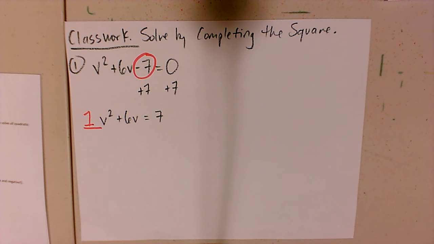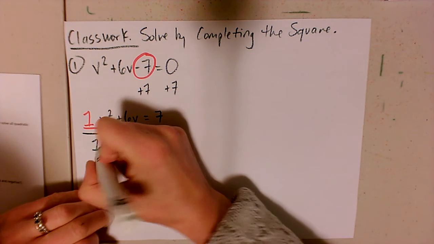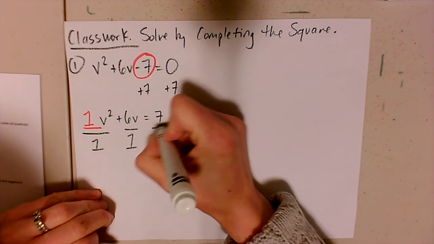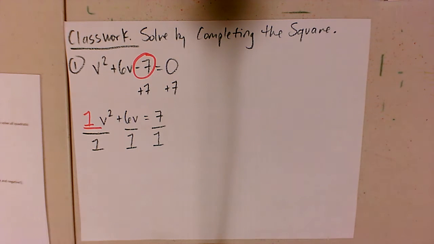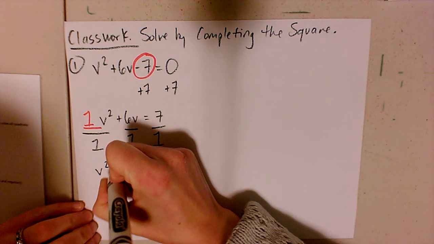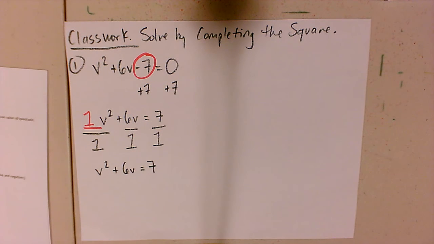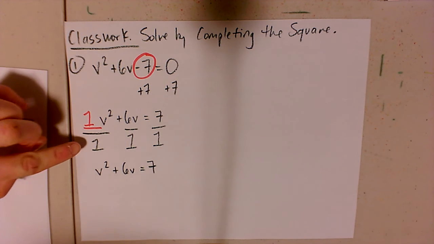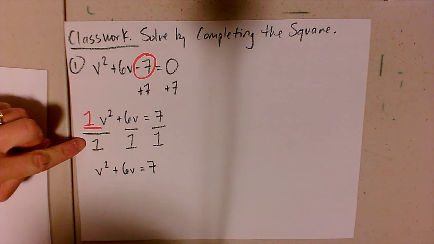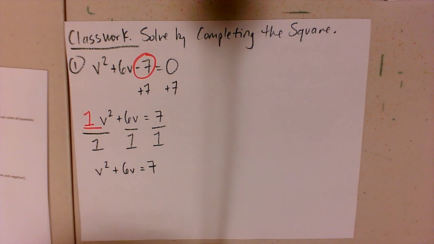So then what we would do is we would go through and we would divide everything by 1. Okay? And for our purposes, when we divide by 1, it doesn't change anything. So this problem is going to stay exactly the same. So that's really nice. So today we're going to do all problems where your a term is all 1. So this step where you go ahead and divide by it is not going to change anything today.